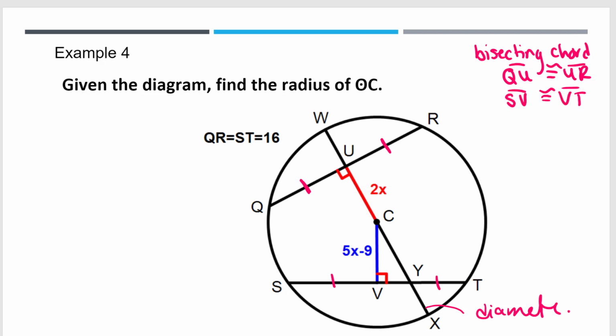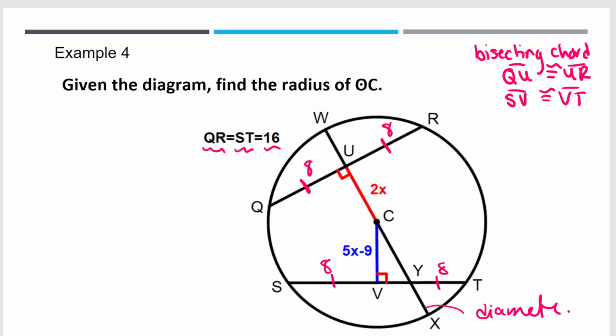Since we know that that is congruent, and we're told that QR and ST are 16, then we can identify that each segment here is a length of 8.